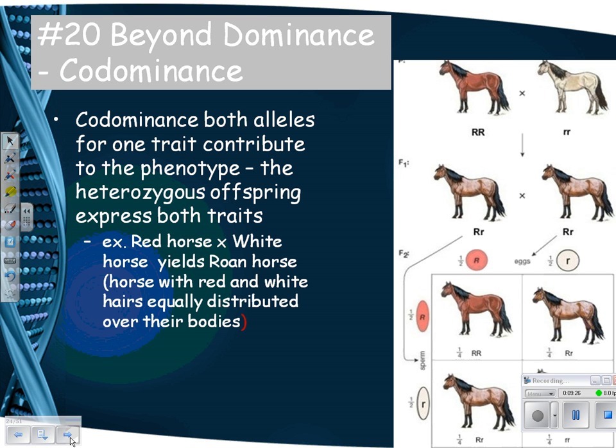So the red and the white flower made a pink flower. The red didn't overwhelm the white, so it showed up pink. In the case of codominance, you have the red and white hairs.